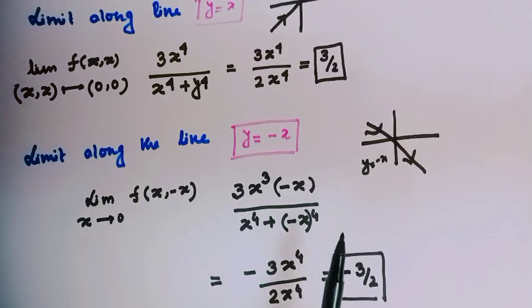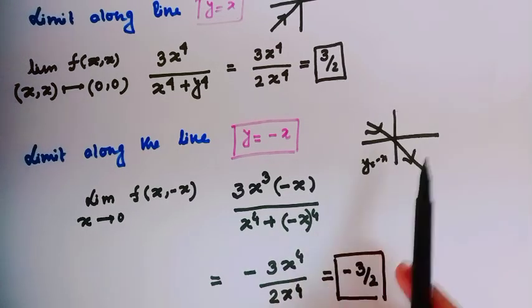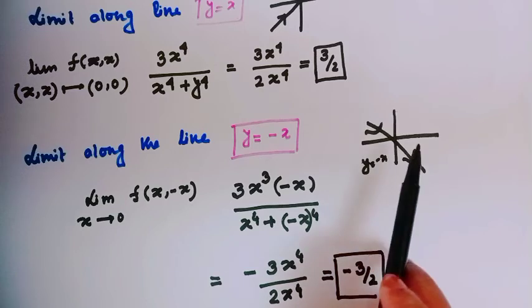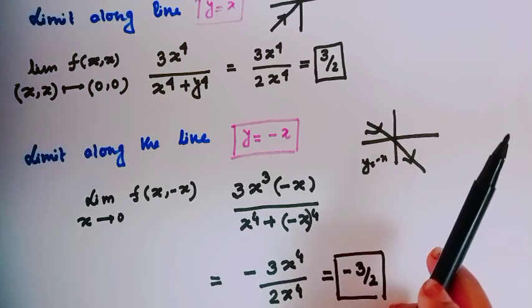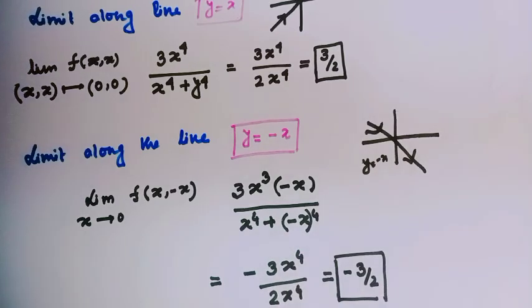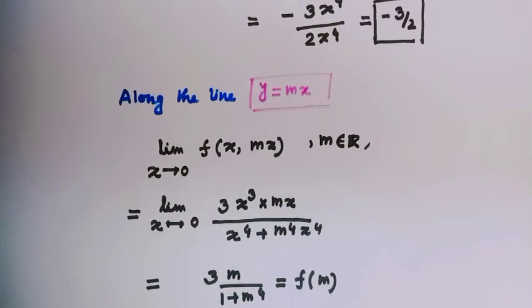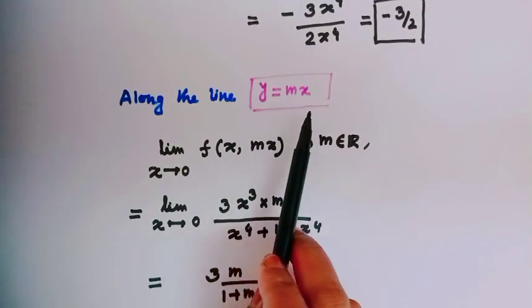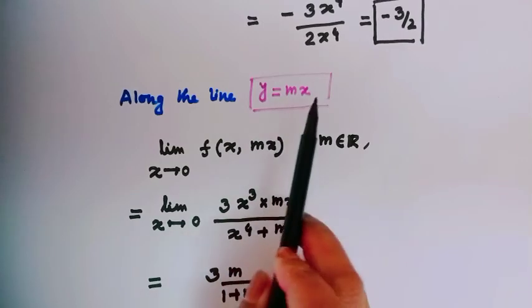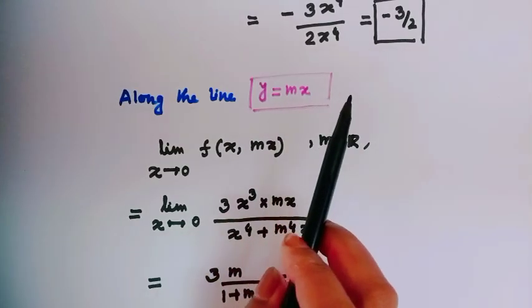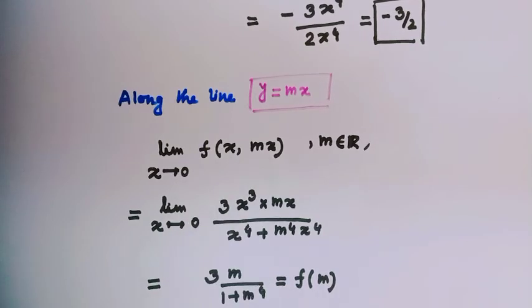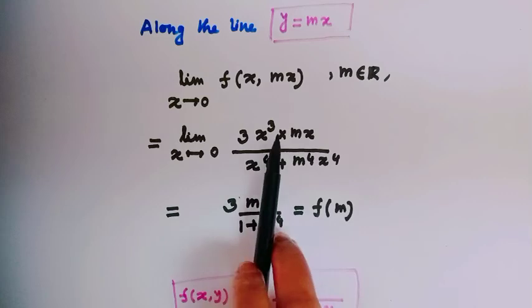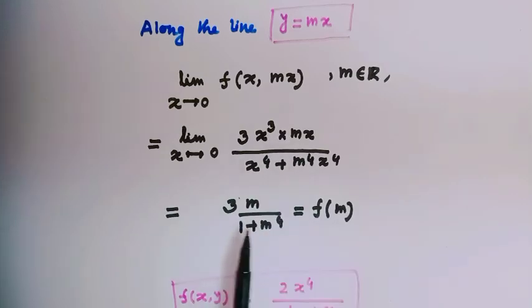If I consider the line y equal to 2x, 3x, 4x, then the limit will change. So this is the better way. The good way is to consider along the line y equal to mx. All lines pass through the origin. Then the limiting value will be f of (x, mx), which is equal to 3m over 1 plus m to the power 4.